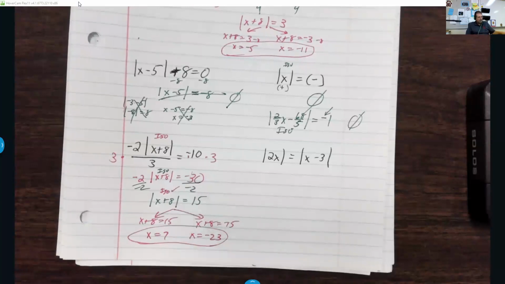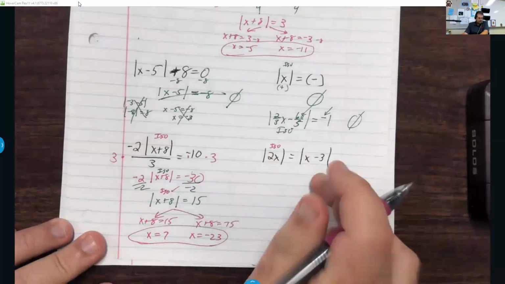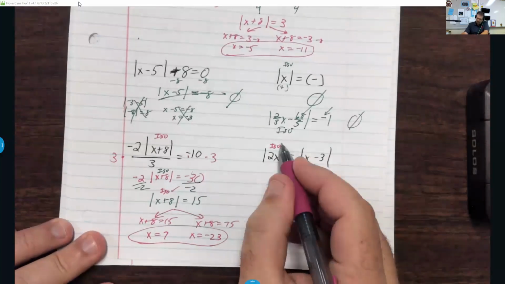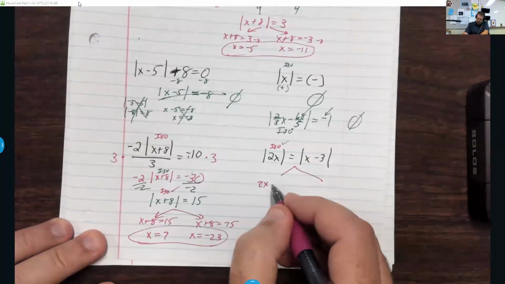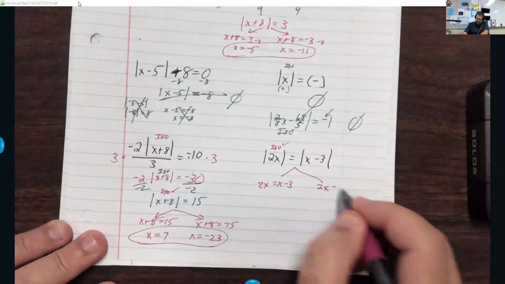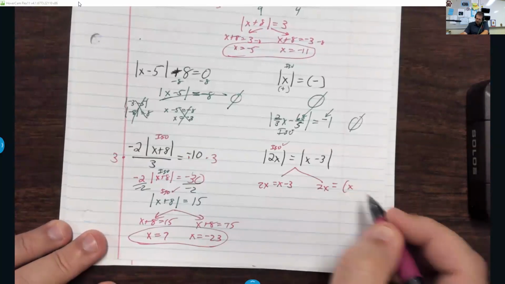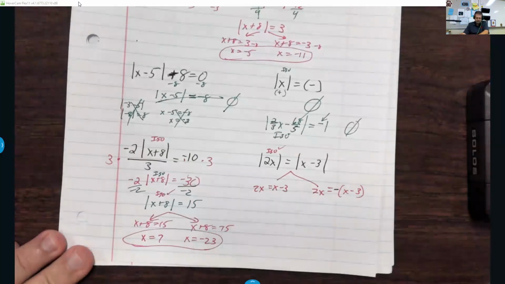All right, and then the other type of absolute value equations we have to do is when there are two absolute values. Okay, now, in general, you can do this one of two ways, but if you look over here, this side's already isolated, so is this side. So since it's already isolated, I can already separate. And the way we separate is this. 2x is equal to x minus 3, and 2x is equal to the opposite of that.